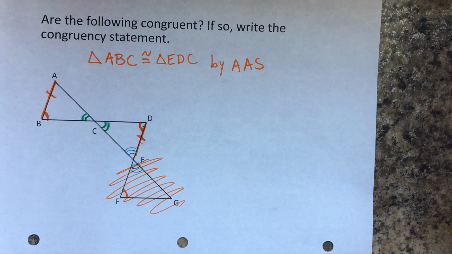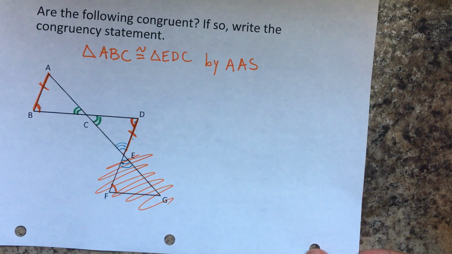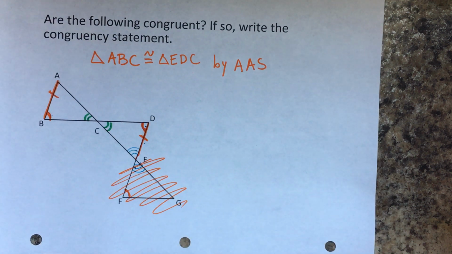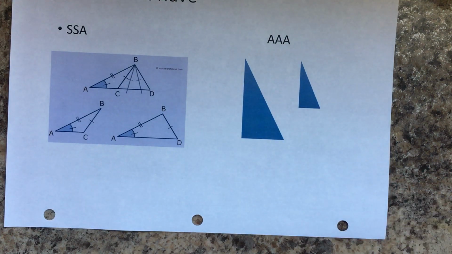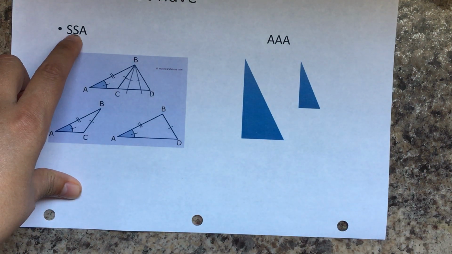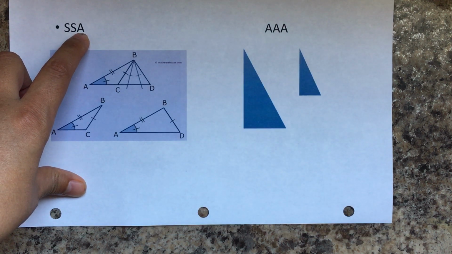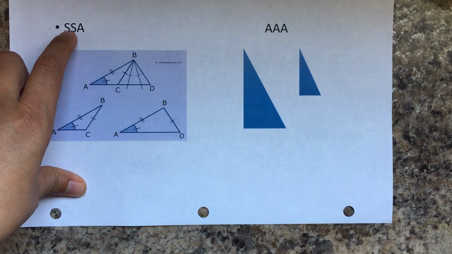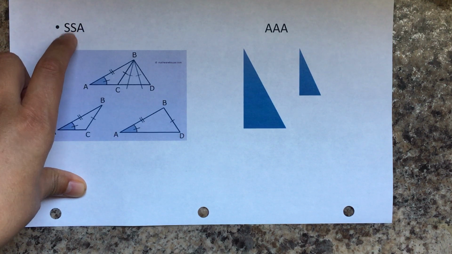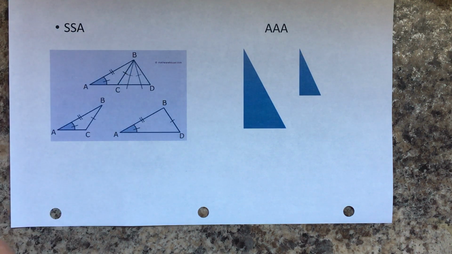That's going to be enough for you to do 9.8, but I do want to share some more information. If you have two congruent sides and one angle only, and the angle is not in the middle of the two sides that are touching, then you will not have a pair of congruent triangles.